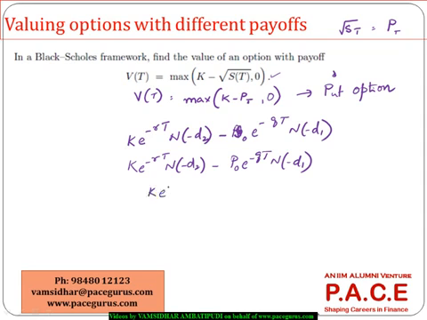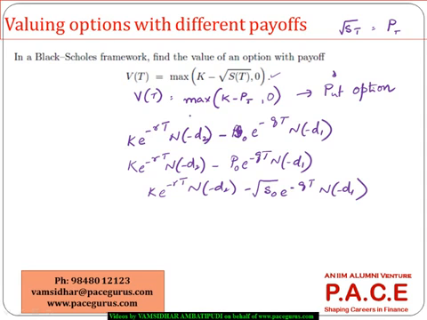So I can very well write it as e^(-rT) N(-d2) minus square root of S0 e^(-qT) N(-d1). That is the typical value that can come out for a put option on the maturity date.